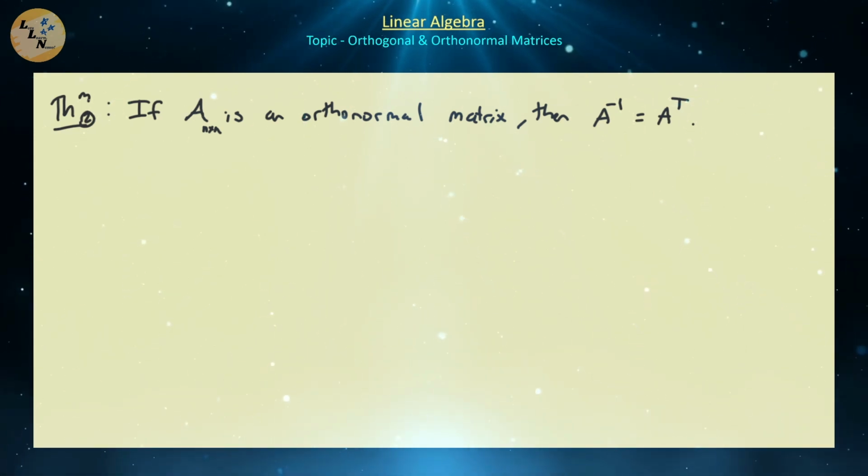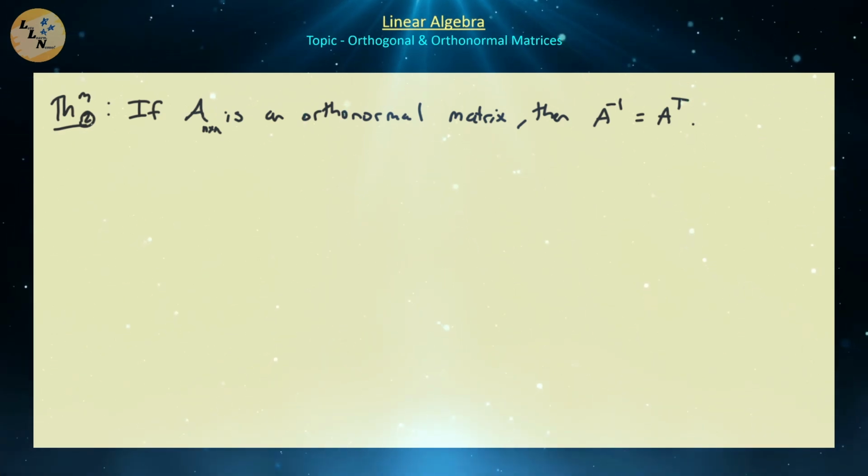In fact, if A is orthonormal, we can actually find the transpose of A, and that is equal to precisely the inverse of A. And that should actually be pretty amazing to you because we already know finding the inverses of generalized matrices, especially if n is arbitrarily large, can be extremely tedious. But if we know that A is an orthonormal matrix, then finding the inverse of that is as trivial as finding the transpose of that matrix.